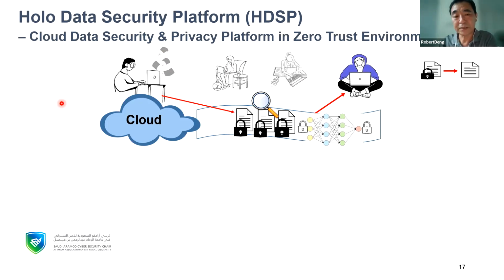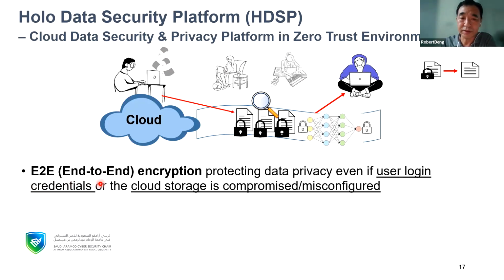The first service it provides is end-to-end encryption. The ciphertext is generated at the data owner, uploaded to the cloud, and the ciphertext is downloaded to the data user, who performs decryption. So the encryption and decryption are performed at the end user's devices. Anything in between, during the transmission and the storage, is all under protection.